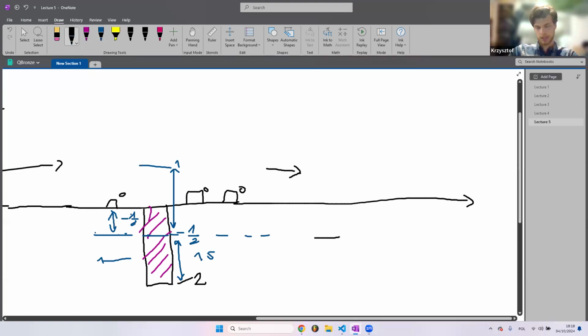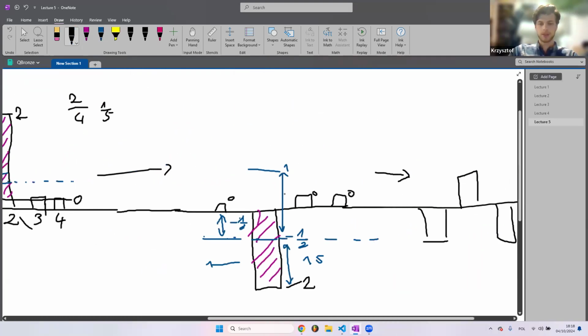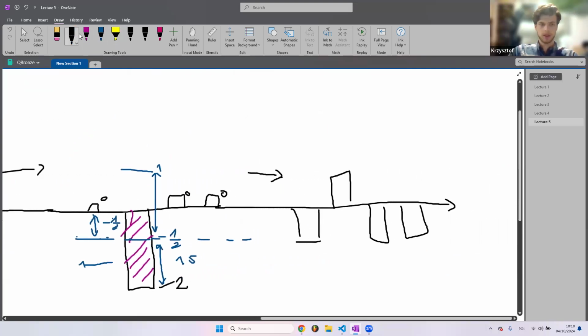So we will get something like this. So it's not always the case that the amplitude of the second element will grow. After some iterations, it will fall, and you will also examine how this game progresses through time.